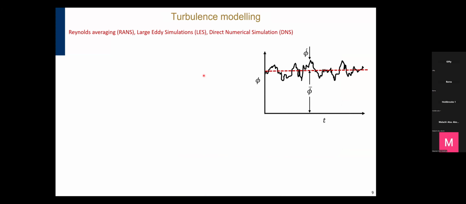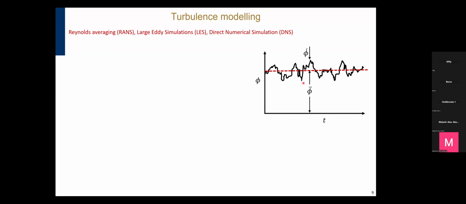So how then do we treat turbulence in CFD? There are at least three approaches: you can do a Reynolds averaging of the fluctuating components, you could do a large eddy simulation, or you can go brute force and solve the Navier-Stokes equations, resolving all of the length scales involved in turbulent flows.